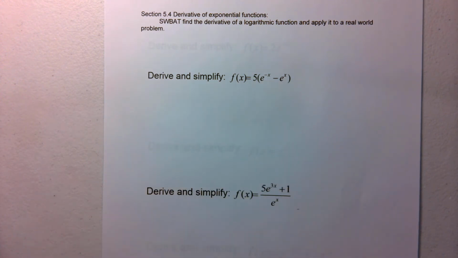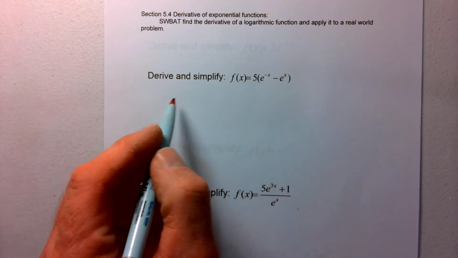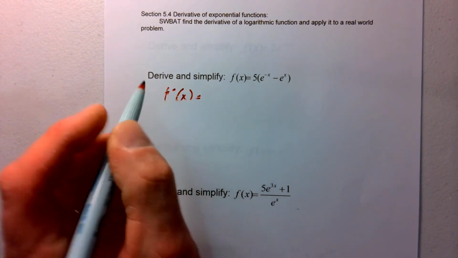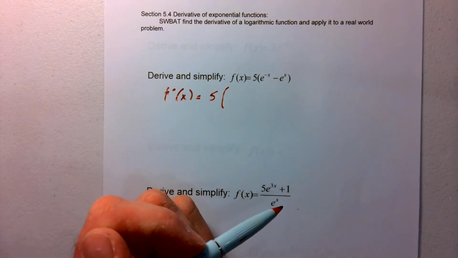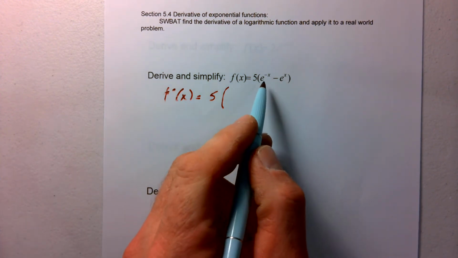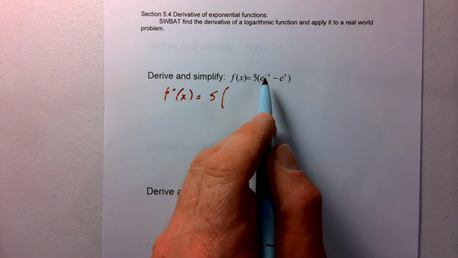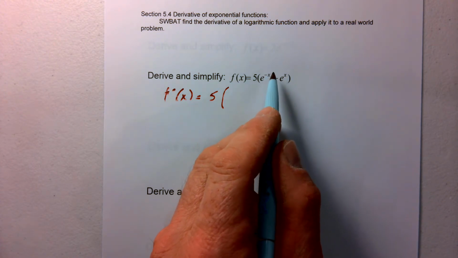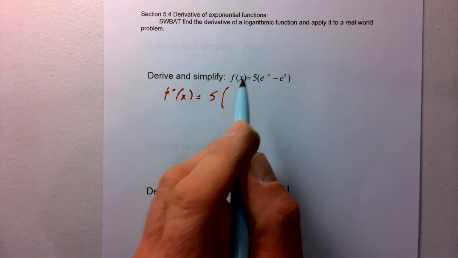So to find the derivative of this, recall this 5, there's no variable with it. So to find the derivative, f prime of x, that's going to equal, well, we can take our 5 and multiply it by the derivative of the interior part there, or that quantity. So the derivative of e to the negative x, recall from our previous lesson that the derivative of e to any exponent is found by taking the derivative of the exponent, multiplying it to the front, and then leaving the exponent of e alone.